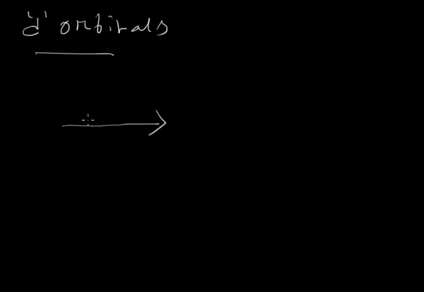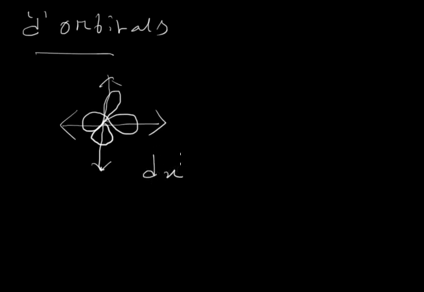Now we discuss the shape of d orbitals. Actually, there are 5 d orbitals. If the 4 lobes of the d orbital are directed along the x-axis and y-axis, it is called dx square minus y square.